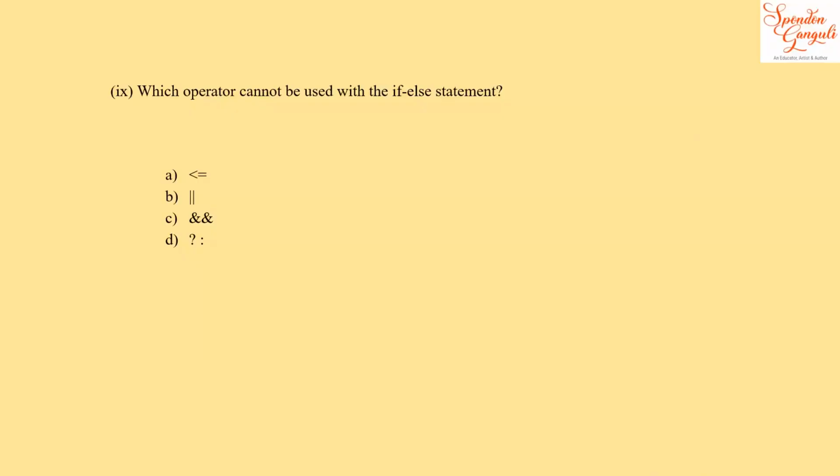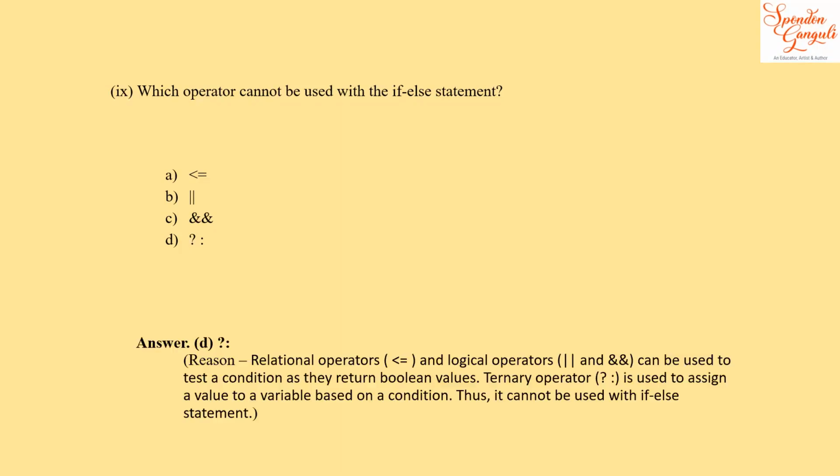Next question, which operator cannot be used with the if-else statement? Less than equals to, or, and conditional operator. The answer is conditional operator. The rest are all used to create a conditional statement, whereas the conditional operator itself is an alternative to if-else.